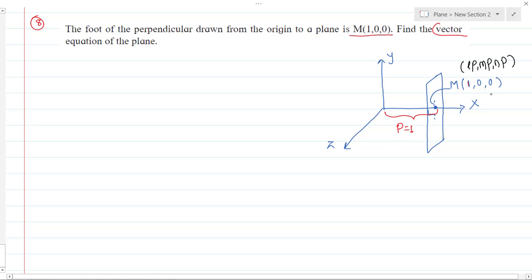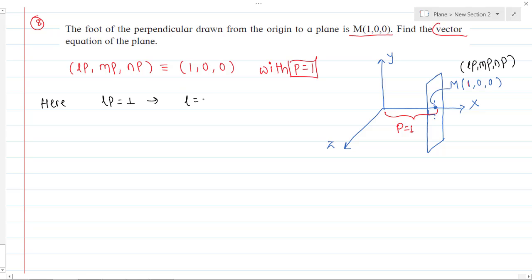If you compare lp, mp, np with 1, 0, 0 with p equals 1, here lp equals 1 and p is 1, so the value of l is 1. mp equals 0 and p equals 1, so m will be 0. np is also 0 and p is 1, so n becomes 0.